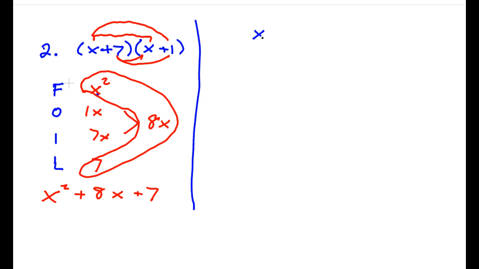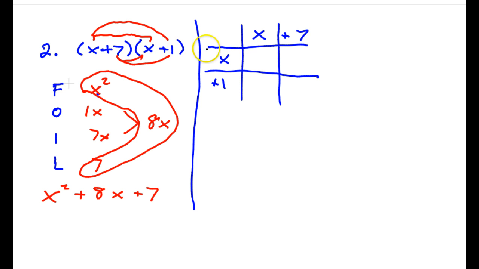Then we have the box method. And it doesn't matter which one you put on top and which one you put on the side. Multiplication is commutative. You can do any order. So you have 4 more multiplications.